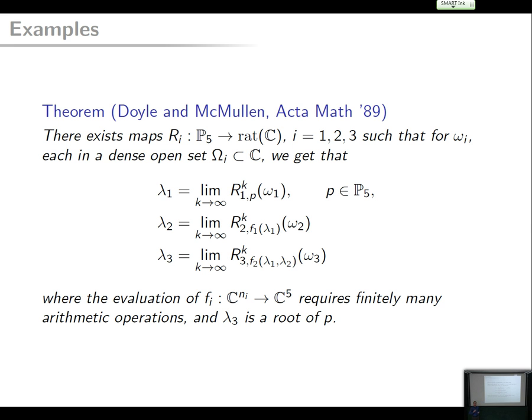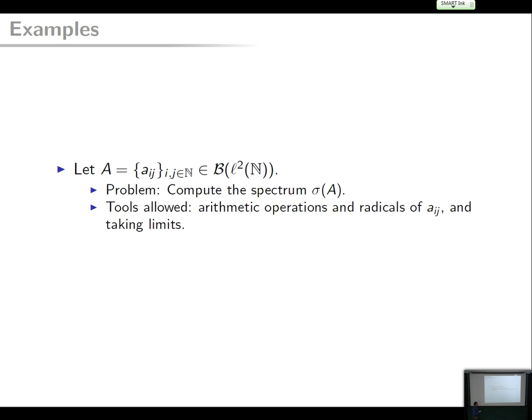Are essentially on the first level. So now what about the spectrum, only finite.